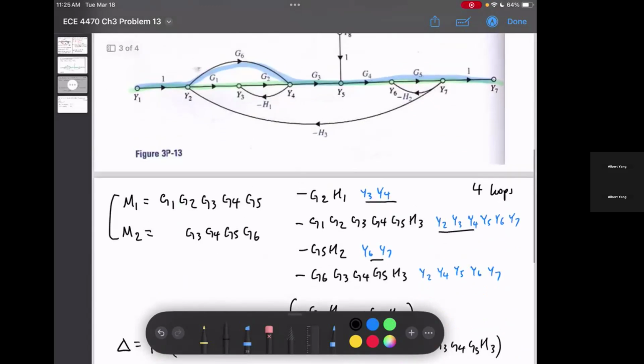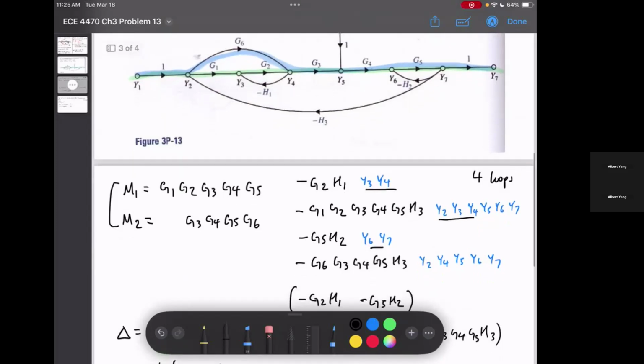If we go from G6 to G3, then that means Y2 and Y4 are out. So this loop is out, then this loop is out, then Y6 is also out.